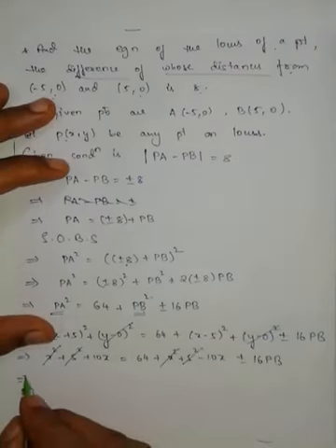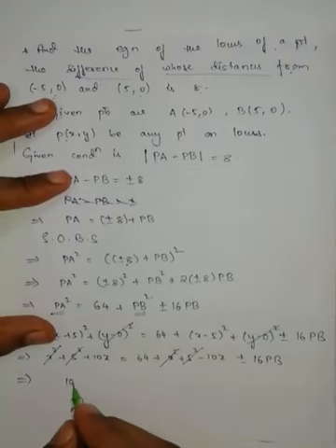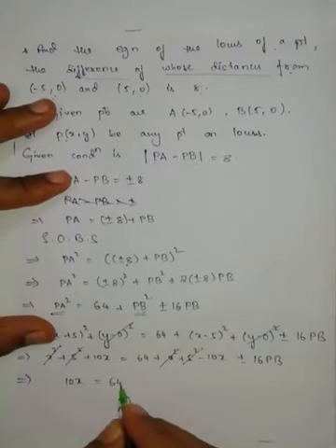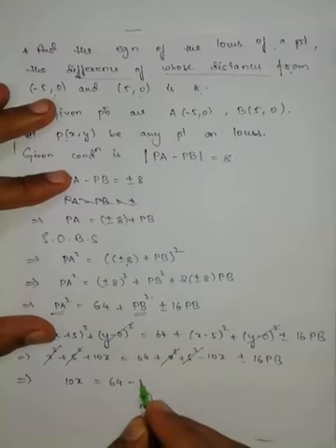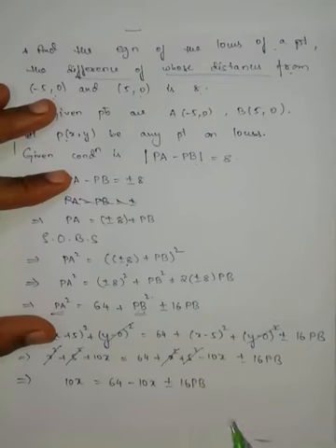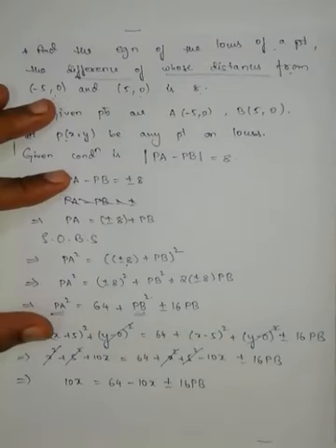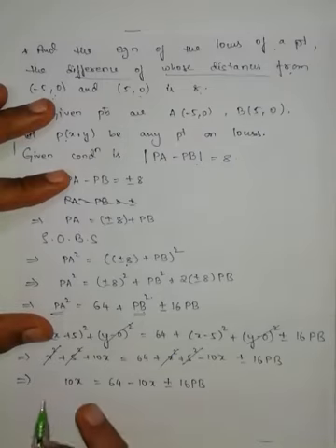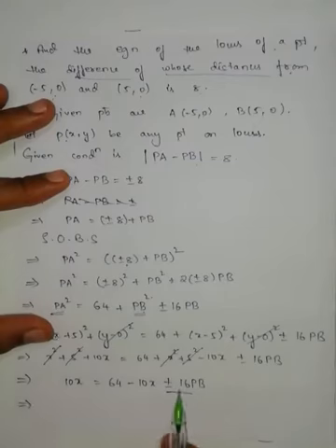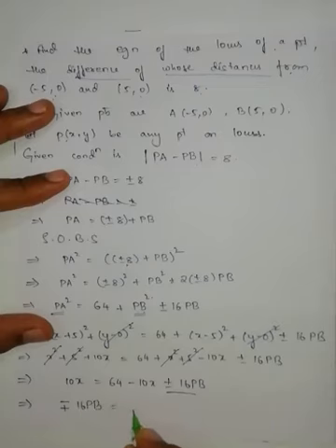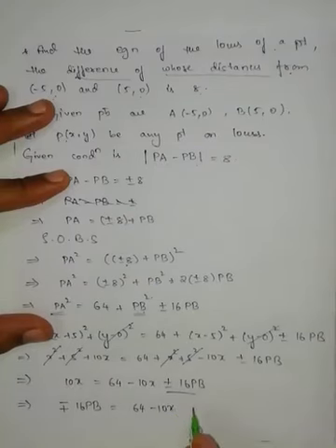Now we got 10x is equal to 64 minus 10x plus or minus 16 PB. Now I am taking this term to the left hand side. Plus becomes minus, minus becomes plus. Minus or plus 16 PB is equal to 64 minus 10x, and this 10x I am going to take here, minus 10x.